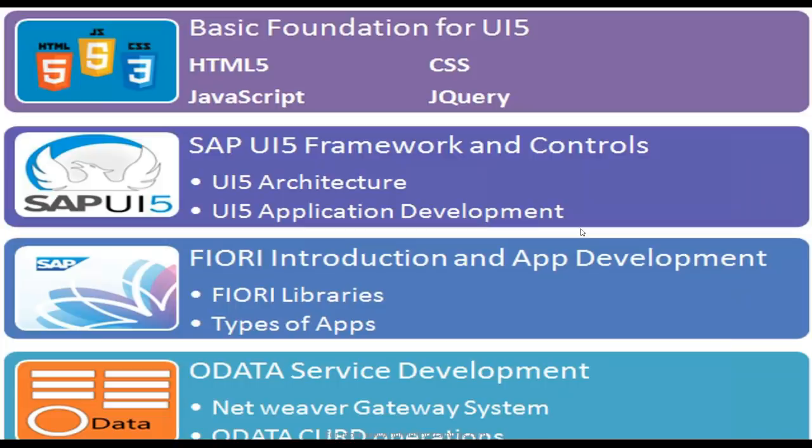What is that we will be covering? This course is divided into 4 phases. The first phase is called Basic Foundation for Ui5, which includes HTML5, CSS, JavaScript, and jQuery. Remember, many of you coming from ABAP background, portal background, BO, BI, or some other background.